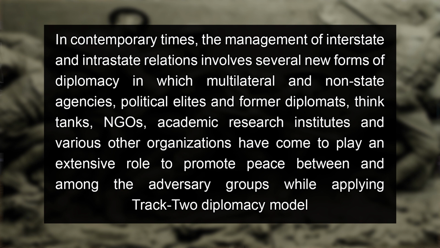diplomacy in which multilateral and non-state agencies, political elites and formal diplomats, think tanks, NGOs, academic research institutes and various other organizations have come to play an extensive role to promote peace between and among adversary groups while applying the Track 2 diplomacy model.